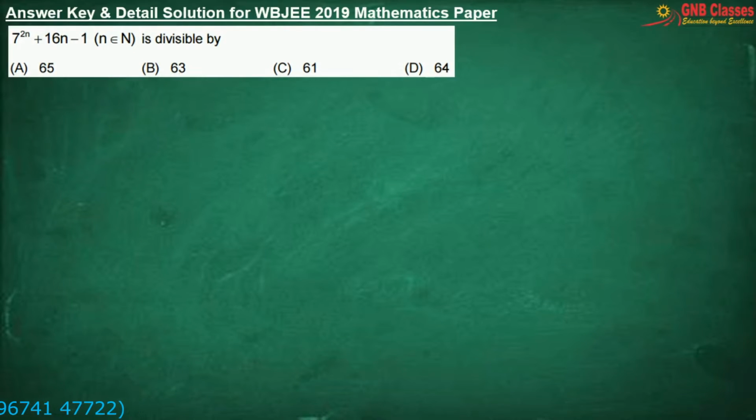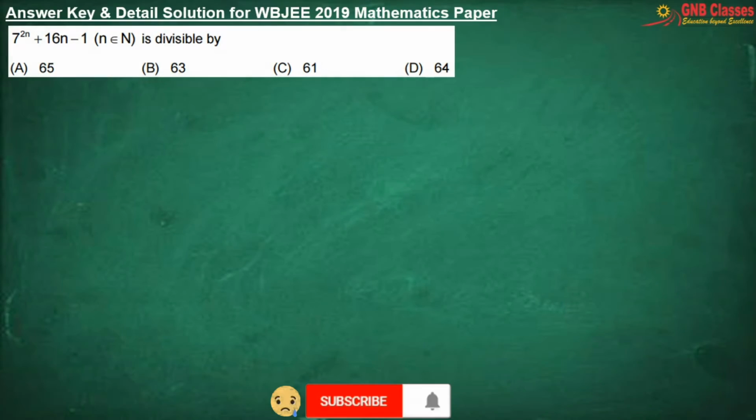Now they have said that 7 to the power 2n plus 16n minus 1 will be divisible by what? So just check what I am doing.